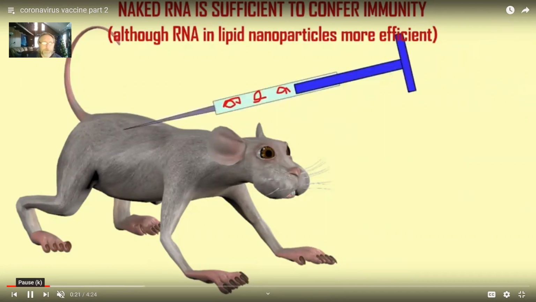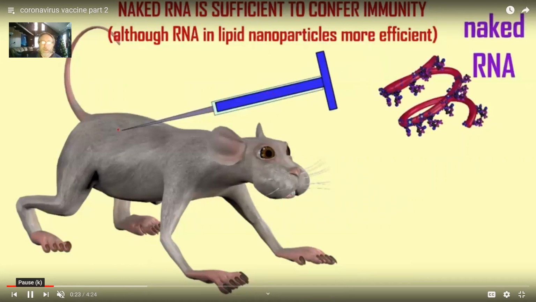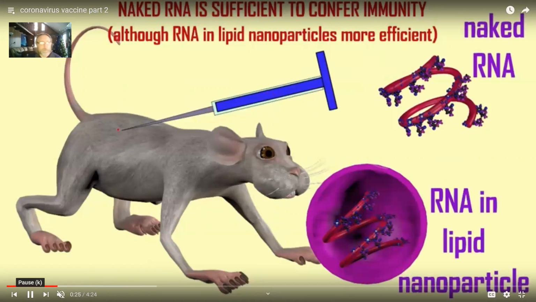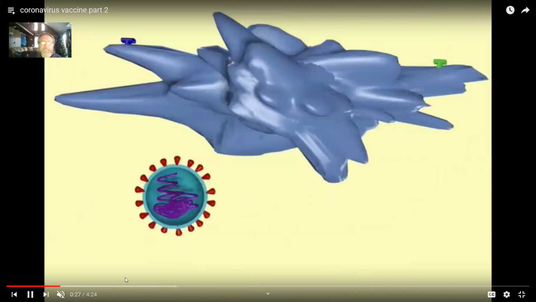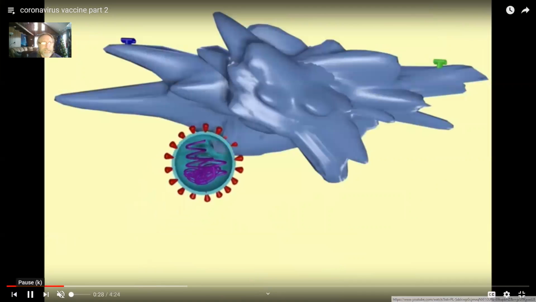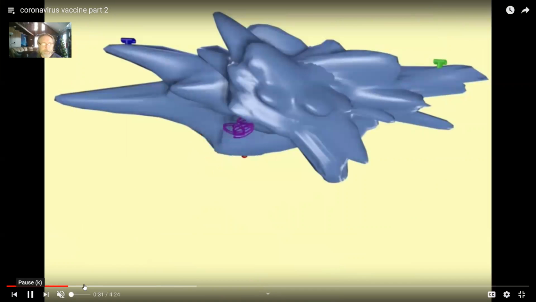And so somehow, if you just inject RNA that ends up inside cells, they make the red virus proteins, and this can sensitize the immune system. Naked RNA works. Now, it's not as effective as it could possibly be, but I'll get back to that in a second.